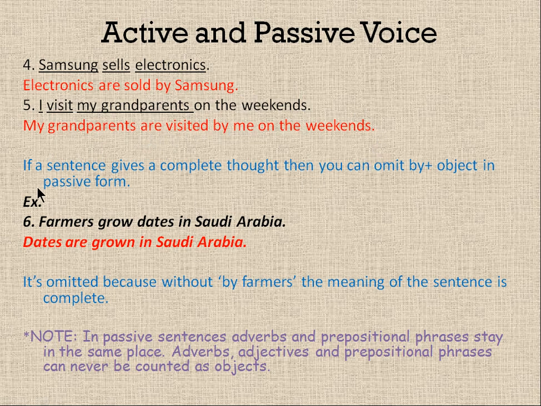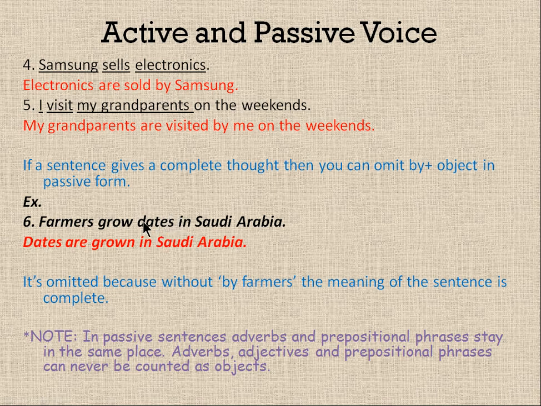It should be noted down by the students: if a sentence gives a complete thought, then you can omit by plus object in the passive form. You can take this example. Farmers grow dates in Saudi Arabia.